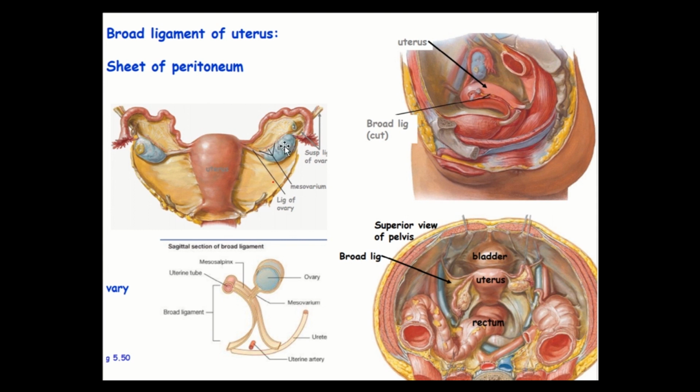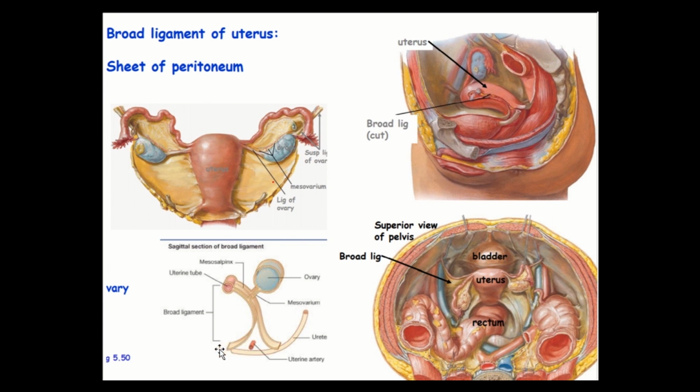You can appreciate that a little bit better in this sagittal view, where you can actually see the uterine tubes running in the upper free margin of the broad ligament. This is basically the broad ligament over here, and you can see the lower margin is fixed, resting on the pelvic floor, and then it's a double fold of peritoneum.